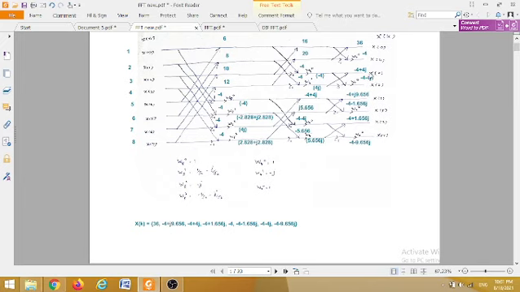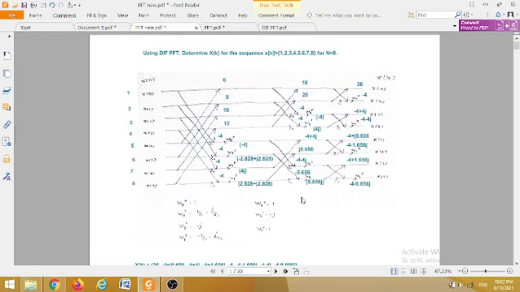Then x of 2 is minus 4 plus 4j, and x of 3 is minus 4 plus 1.656j. Then x of 4 is minus 4, and x of 5 is minus 4 minus 1.656j, and then x of 6 is minus 4 minus 4j, and then finally you will be getting x of 7, that is minus 4 minus 9.656j.